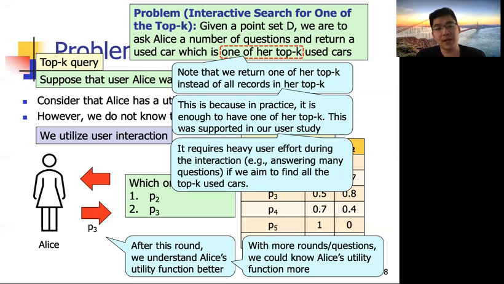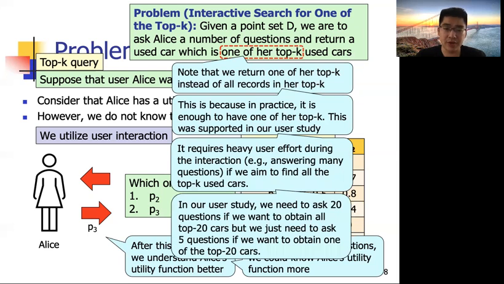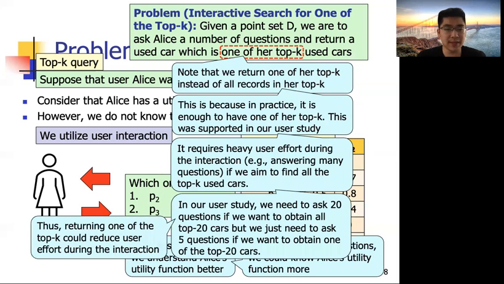For example, Alice may need to answer many questions. In our user study, we need to ask 20 questions if we want to obtain all top 20 cars. But we just need to ask 5 questions if we want to obtain one of the top 20 cars. Thus, returning one of the top K could reduce user effort during the interaction.